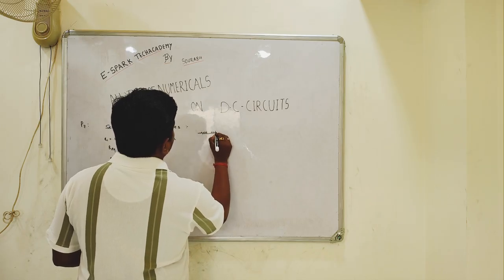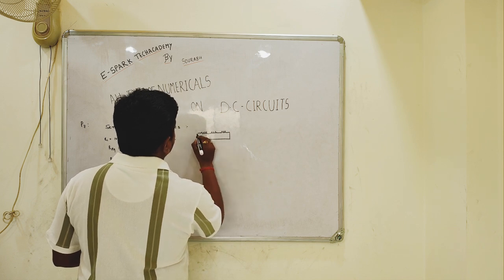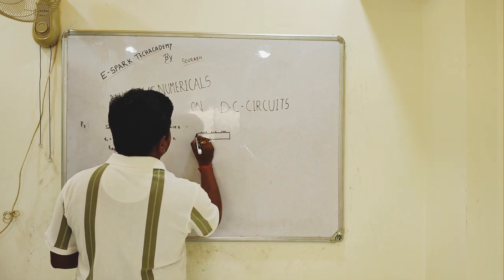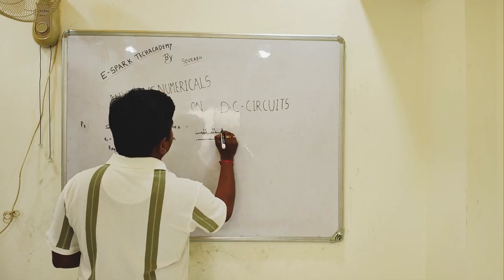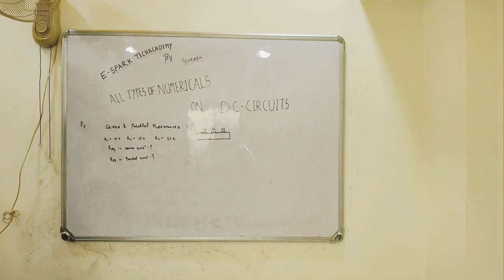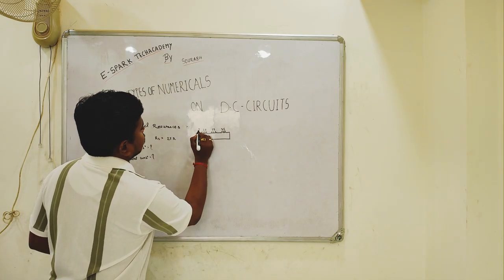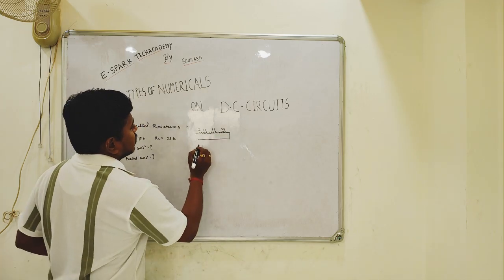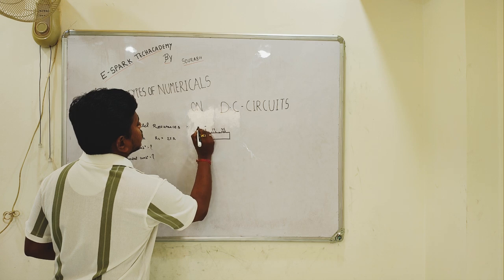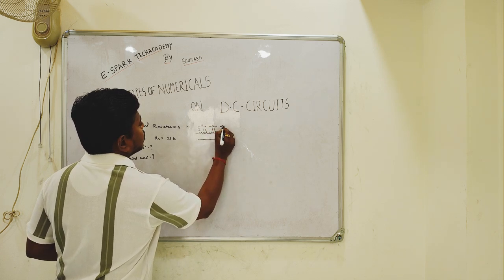The series combination will look like this, and 25 ohms respectively. In series combination, current will be same, as we have already gone through it. Current will be same through each resistance, only the voltages will be different across each. Here the V1, here the V2, here the V3.